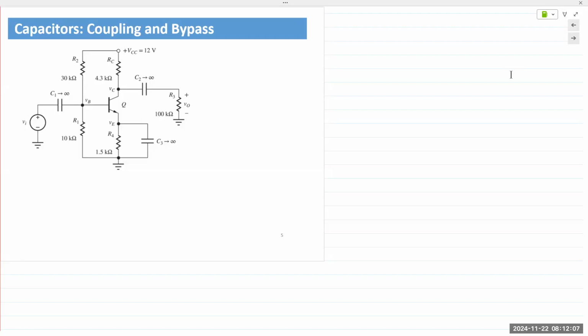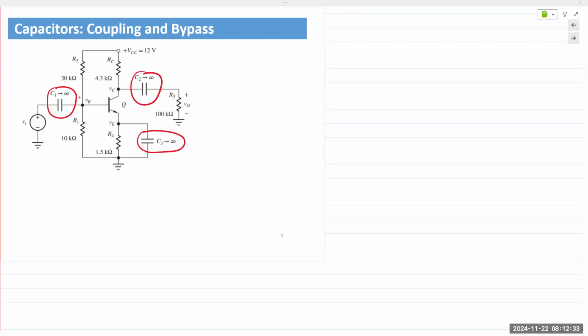the small signal models. So in this circuit, we have these three capacitors that are connected to the base, the collector, and the emitter. And each one of them has a purpose. So if we are analyzing for DC, meaning we have applied only the DC bias, there is no AC input being applied to the circuit.